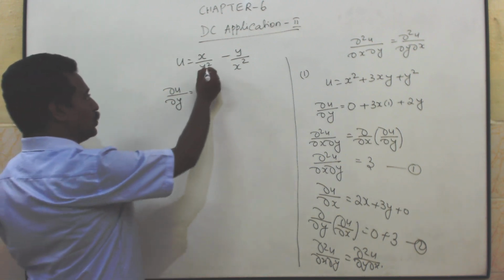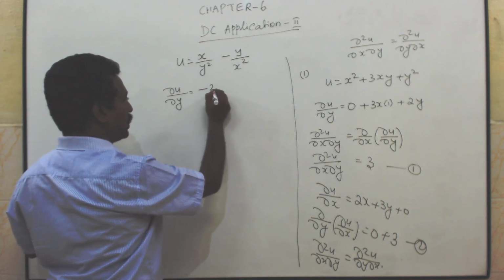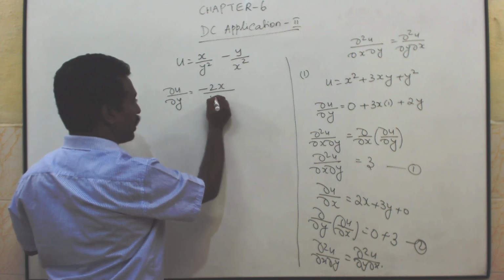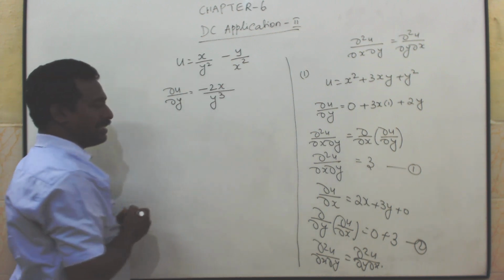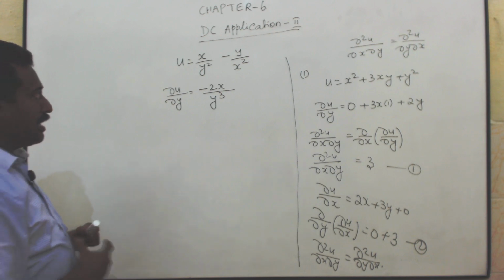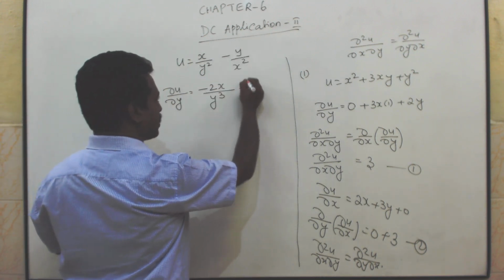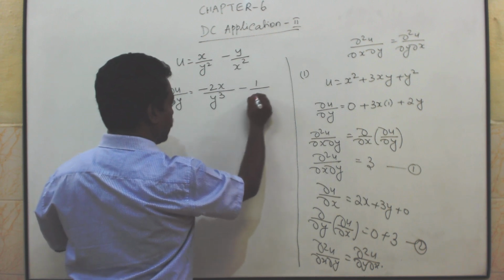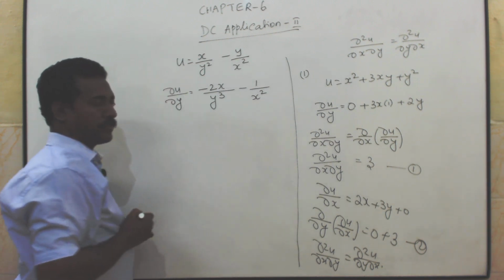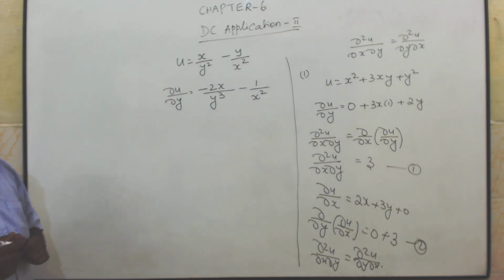Same method, 2, that is minus 2x by y power 2 plus 1 is 3. Here y is in numerator, that's why differentiate directly. Differentiation of y is 1 by x square. The first part over.